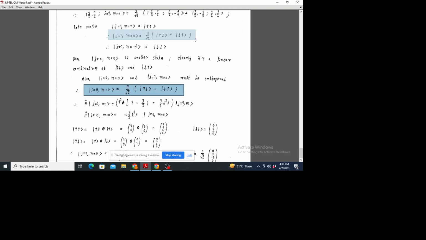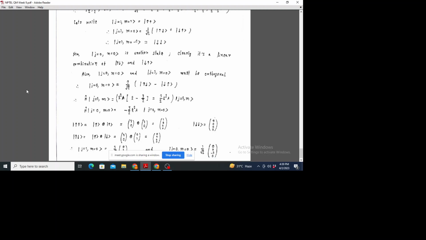These two are mutually orthogonal, as you can easily see. So this much is fine. So we have found the 4 energy eigenstates.